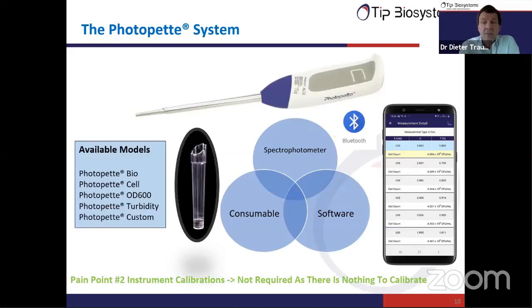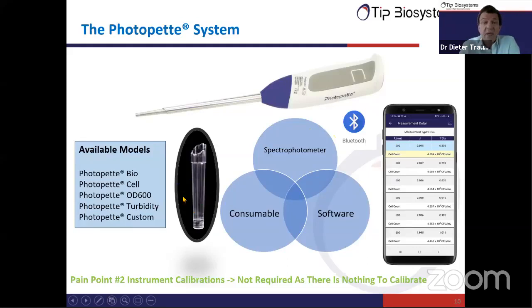It's a system made up of 3 components: the instrument itself, the Photopette device here on top, and the instrument is linked through Bluetooth with a smart device, which could be either a tablet or a phone. However, there's no phone line necessary, and there's also no internet necessary to operate because it goes through the Bluetooth link. And the third component in this system is a cuvette tip.